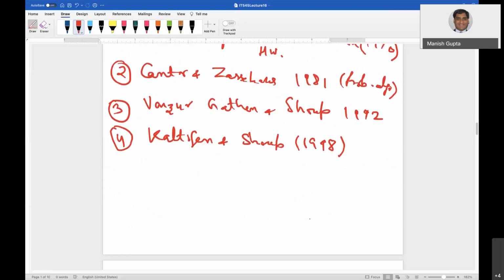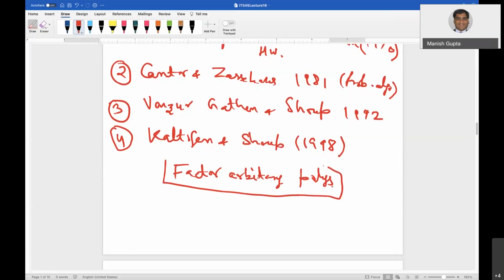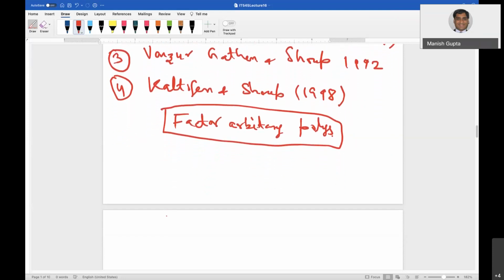So the algorithm that I'm going to describe now has three stages. We want to factor an arbitrary polynomial.